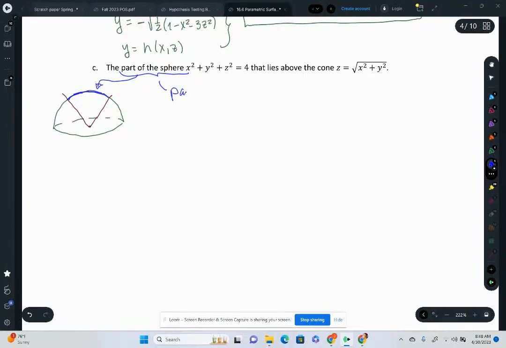Okay, so we parametrize the sphere. The cone helps provide us with bounds for phi. That's all that it does.